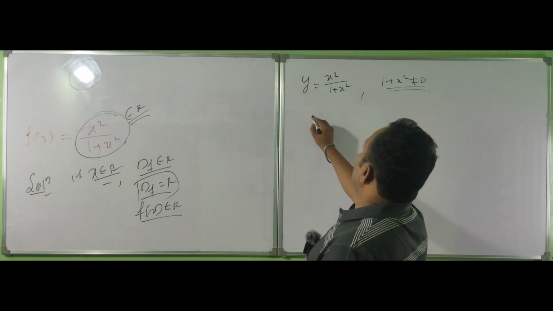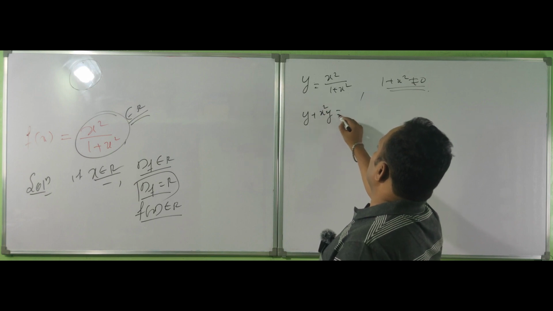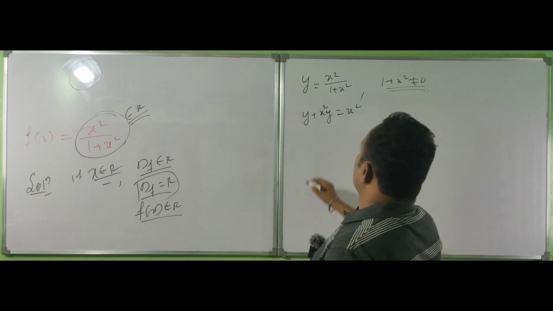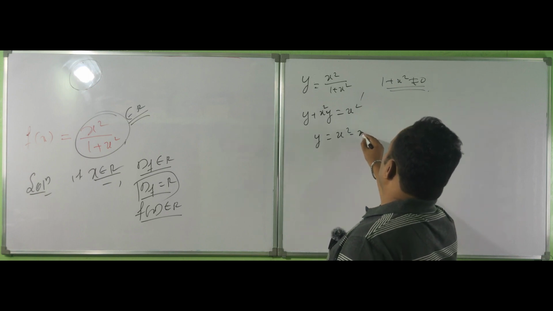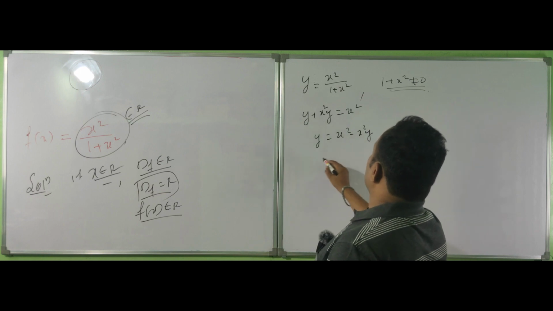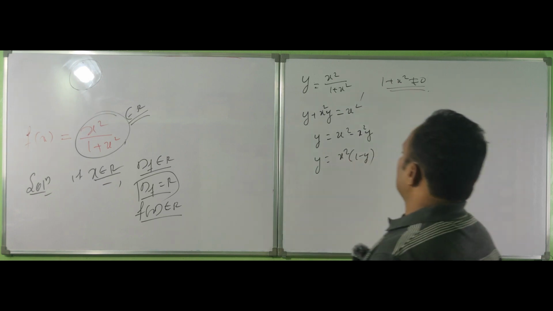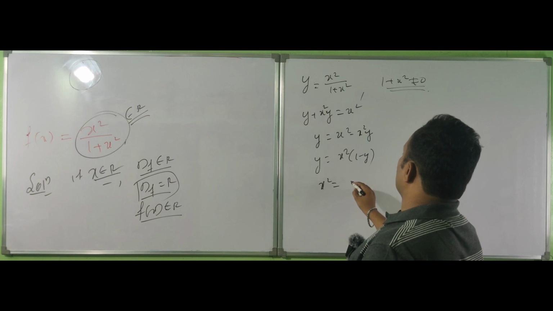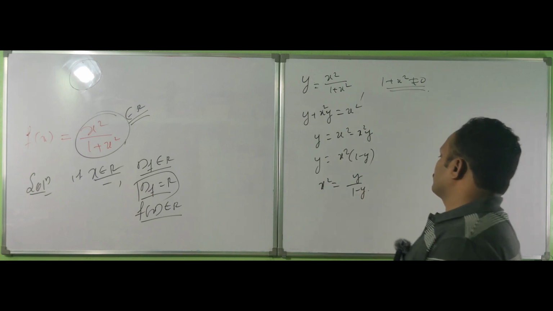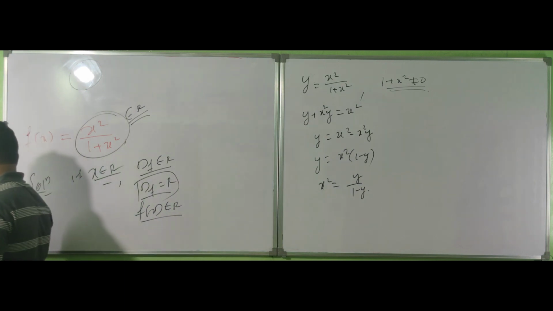You can write y plus x square y is equal to x square. So you can write y is x square minus x square y, which is y equal to x square into 1 minus y. Is it right? X square is equal to y divided by 1 minus y. This is the relation.